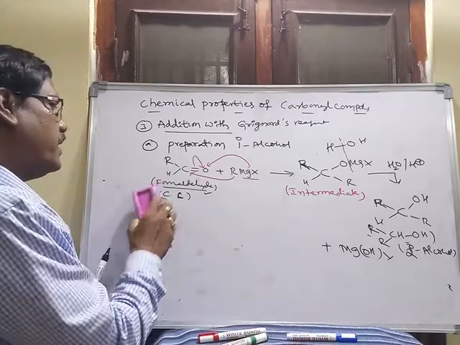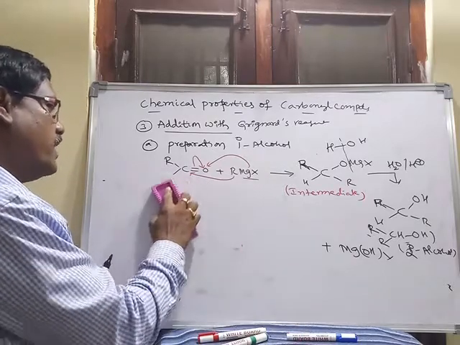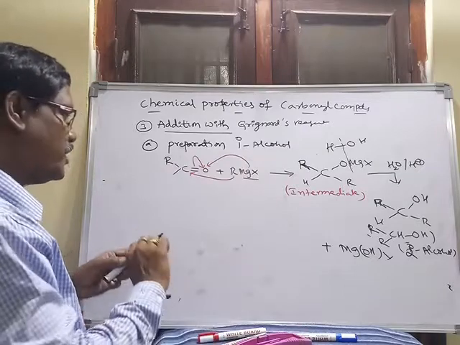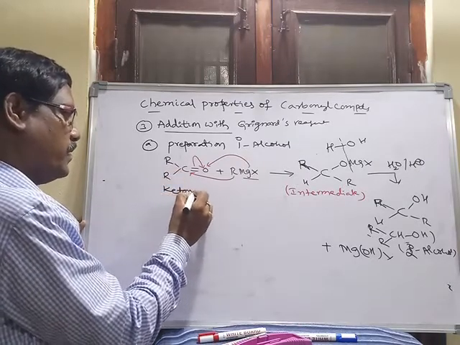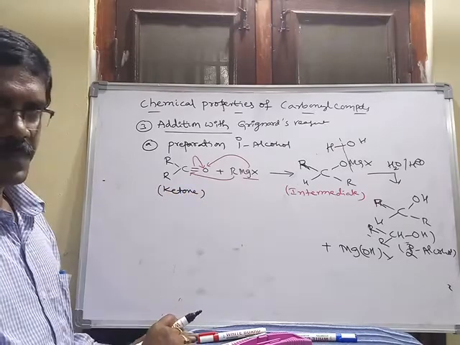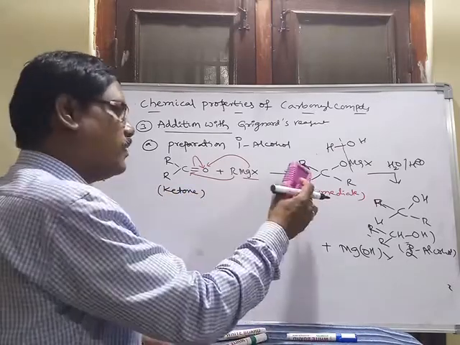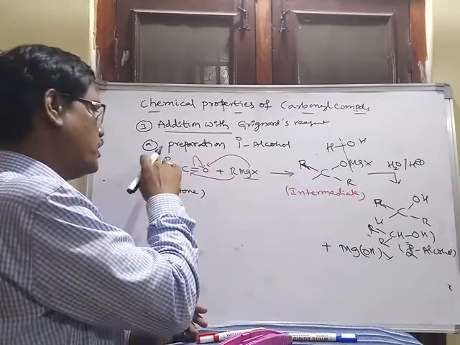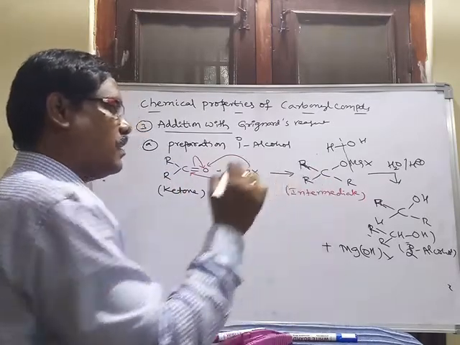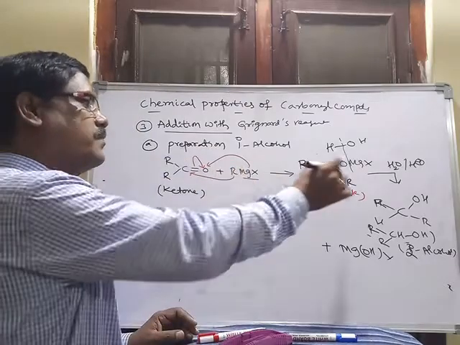When we take, instead of formaldehyde or aldehydes, a ketone, this is the carbonyl compound. When we take a ketone, again here one more R. Already two R's are present, R, and another R is from Grignard.